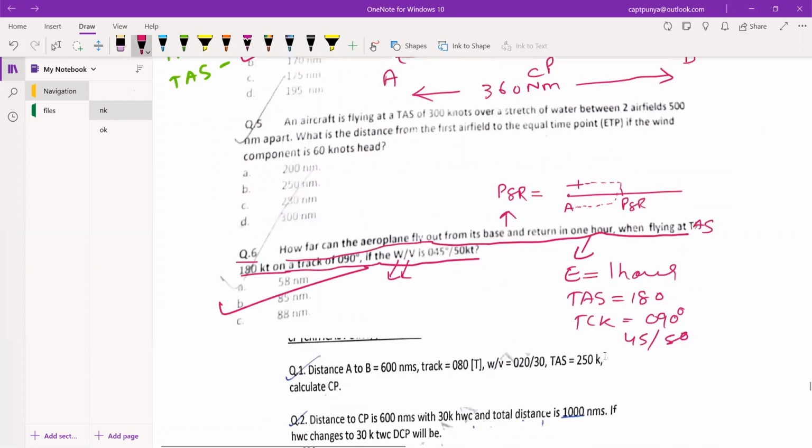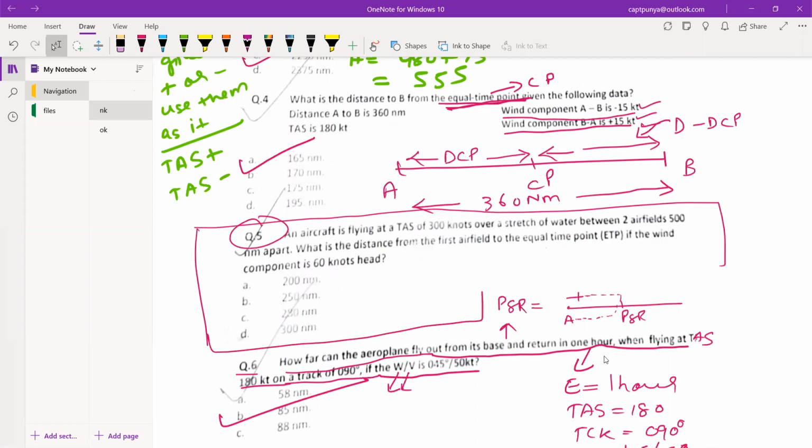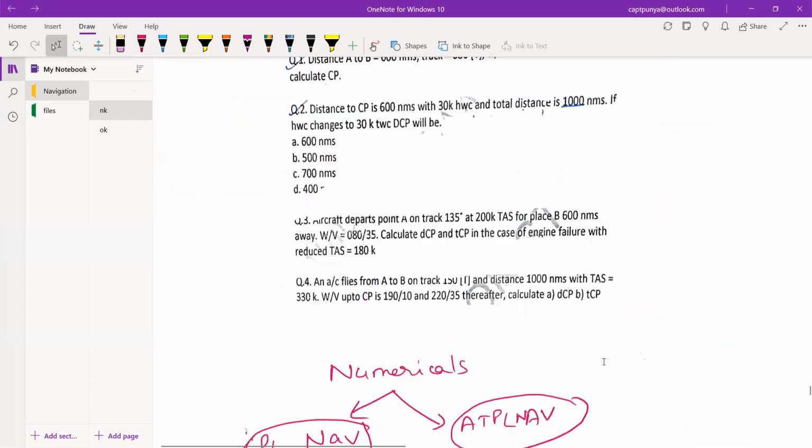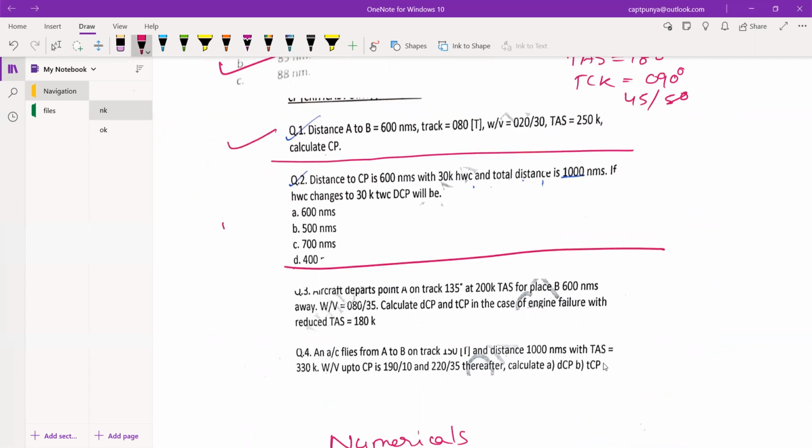our correct answer. Guys, I have not done question number 5, this is your homework. Do this and comment down the answer in the comment box. Solve question number 5 for me and comment in the comment box, so that I know that you guys are studying along with me, and that gives me motivation to teach you guys and make more videos for you. Okay guys, one more thing, as a homework you can do question number 6. I want you to solve question number 1 on your own. I want you to solve question number 2 on your own. So 3 questions for your homework.